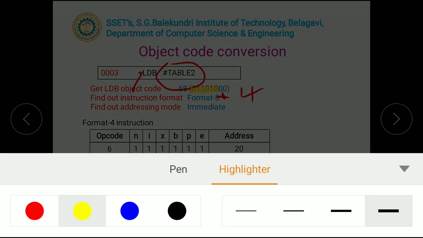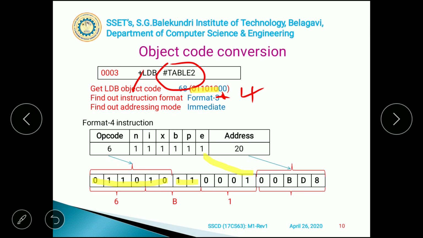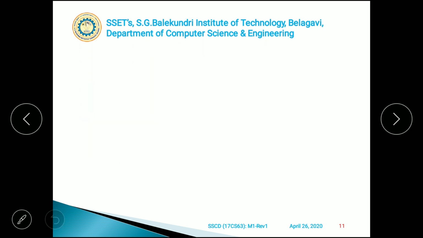Now here whenever you are writing it, the address field is of how many bits? It is 20 bits. So that is what it is, last 5 digits. So it's going to be as it is, that is 00BDB. So now altogether what we have written, that it is 6B100BDB. So that is going to be the object code. Now come to the next instructions.